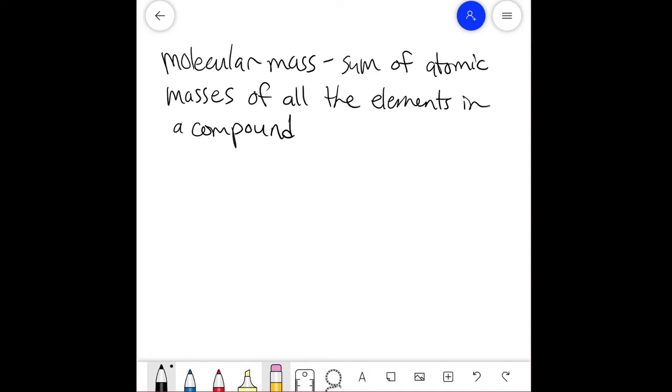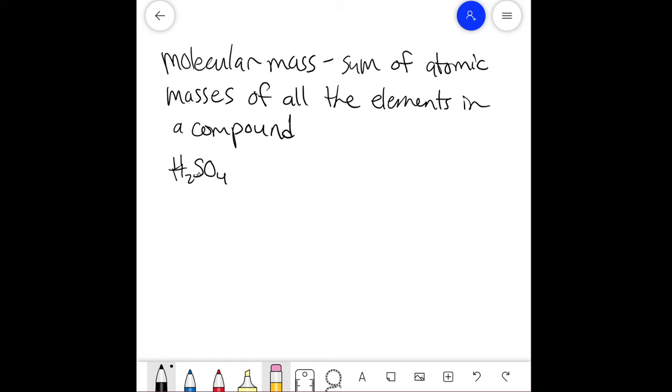Say you have a compound, let's say sulfuric acid, H2SO4. If it asked you to find the molecular mass of sulfuric acid, you would add up all the masses from the periodic table of each element.